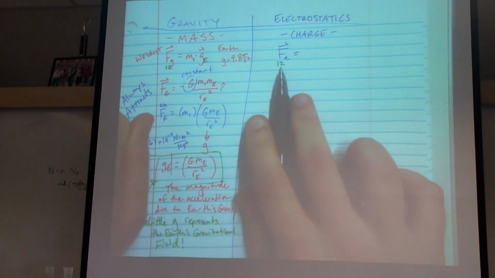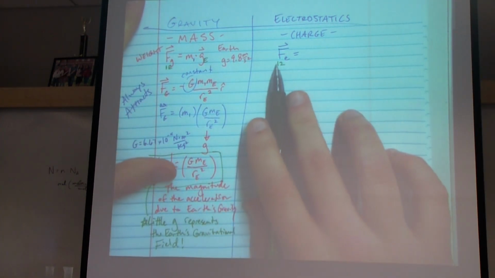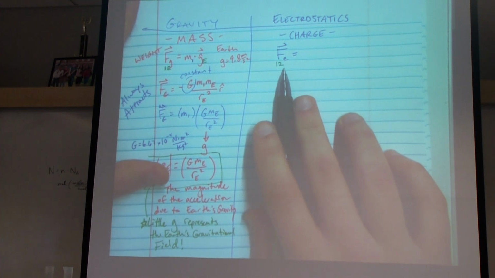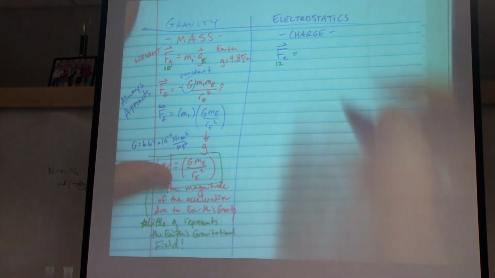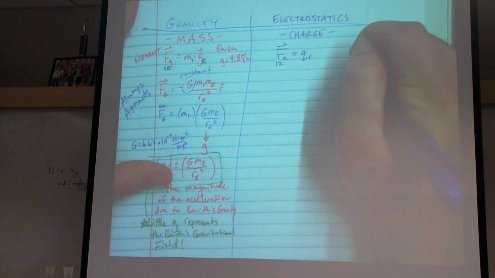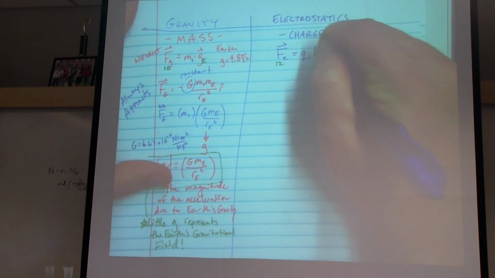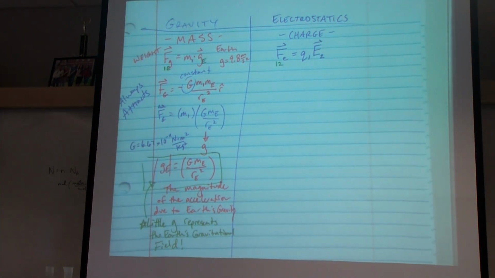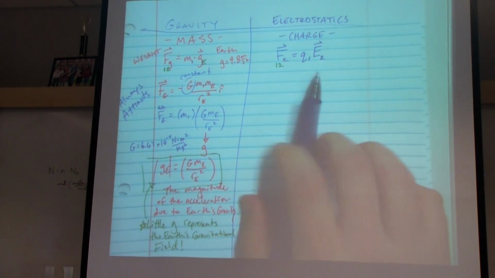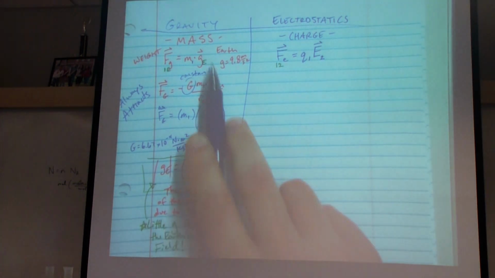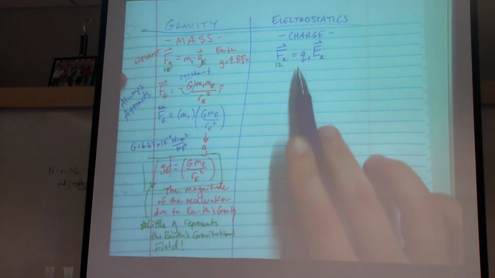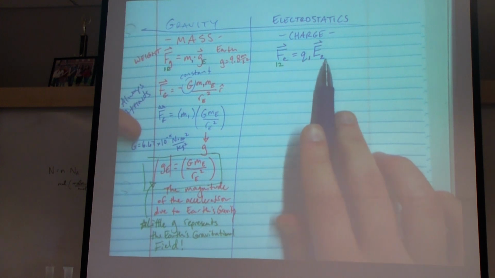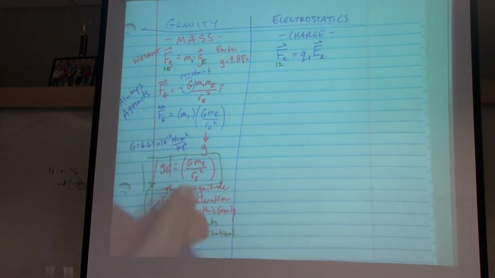We've always been talking about Earth. So, how does the analogy go? The force of electrostatics between two charges would be Q1 in the electric field of the second charge. So there's this very direct parallel. Instead of mass times some gravitational field, we've got Q times some electric field.